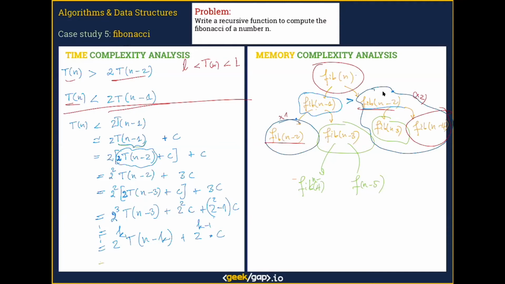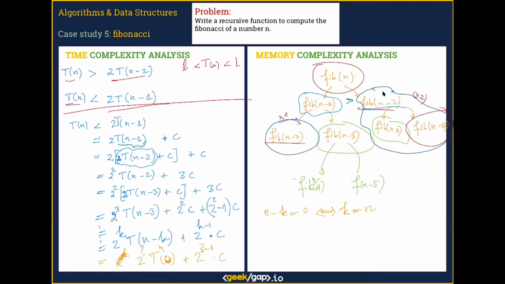So at that point, it's going to be 2 to the power of something, T of 0, plus 2 to the power of that something minus 1 times c. And we are looking for that something. To find it, we plug 0 here, which gives us n minus k equals 0, which means that k equals n.